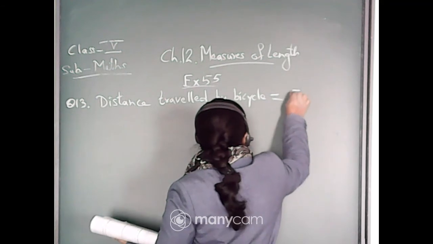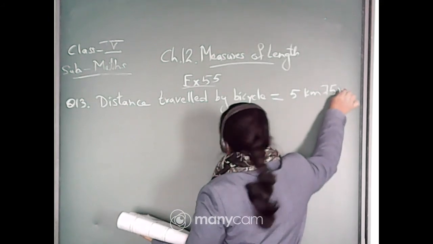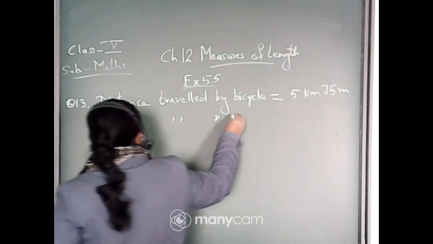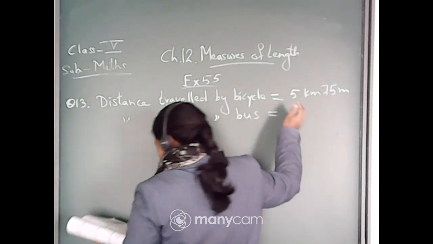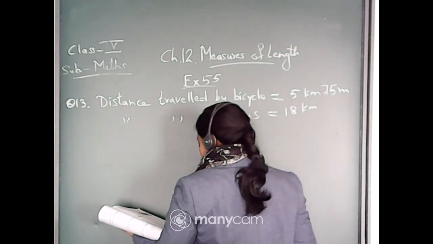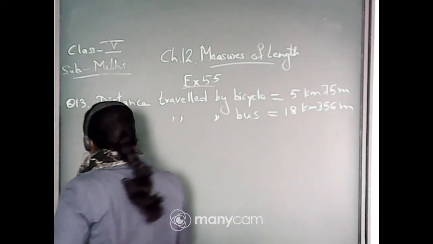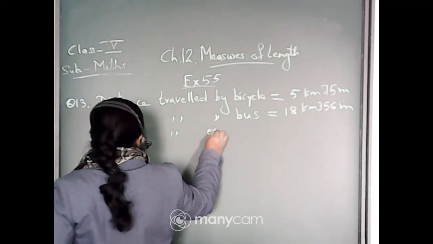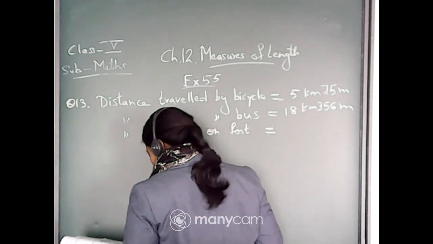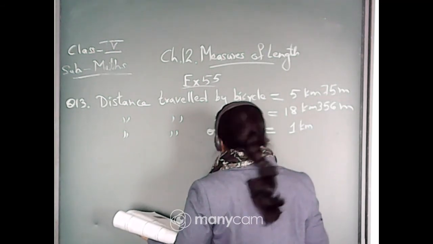It is 5 kilometer and 75 meters. Next one, by bus. So distance traveled by bus is equal to 18 kilometer and 356 meter. Next one, on foot. So distance traveled on foot is equal to 1 kilometer and 872 meter.